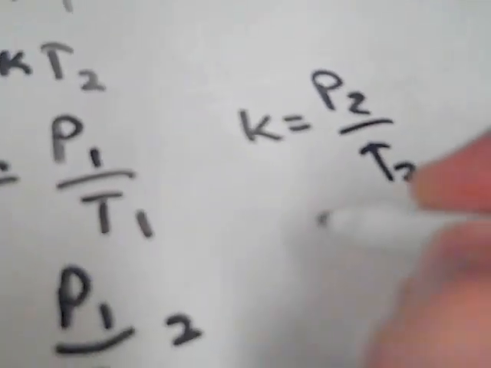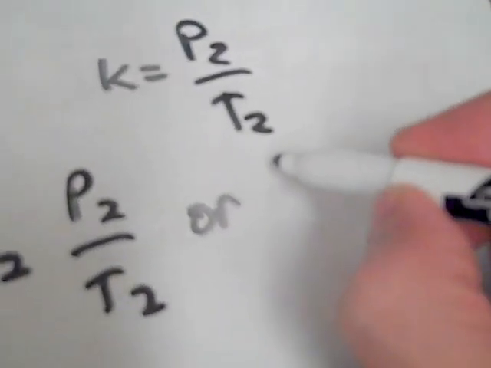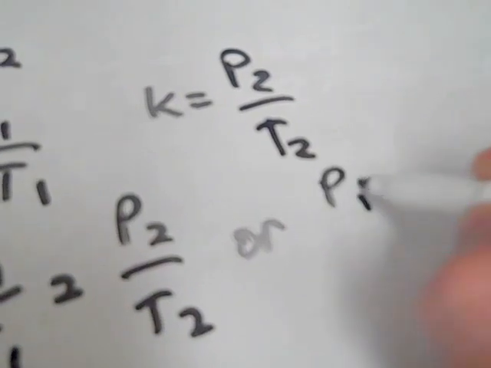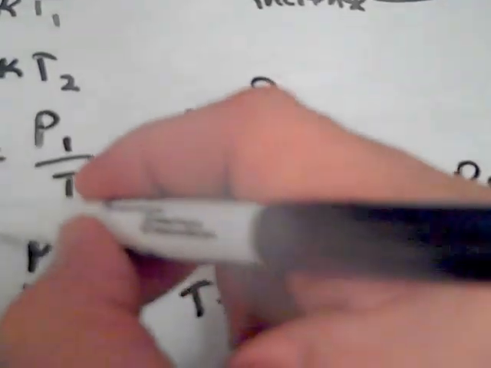So it's like saying P1/T1 is equal to P2/T2, or you can write it like this: Pi/Ti is equal to Pf/Tf. So this is the Gay-Lussac law right there, the last one down here.